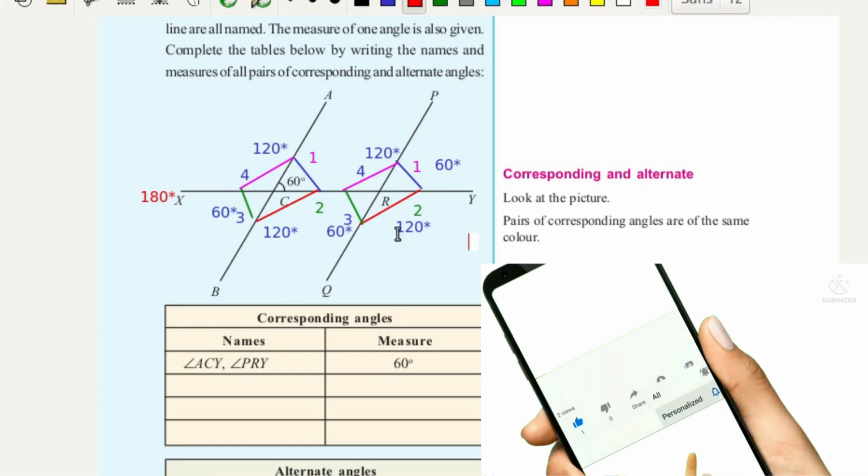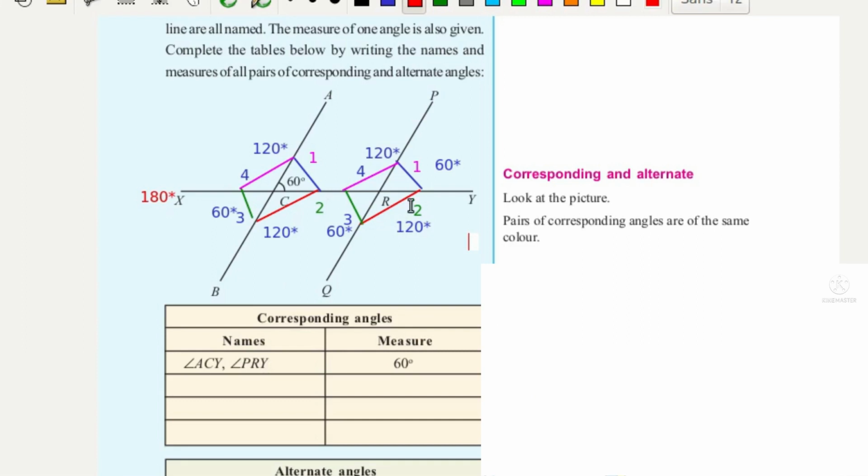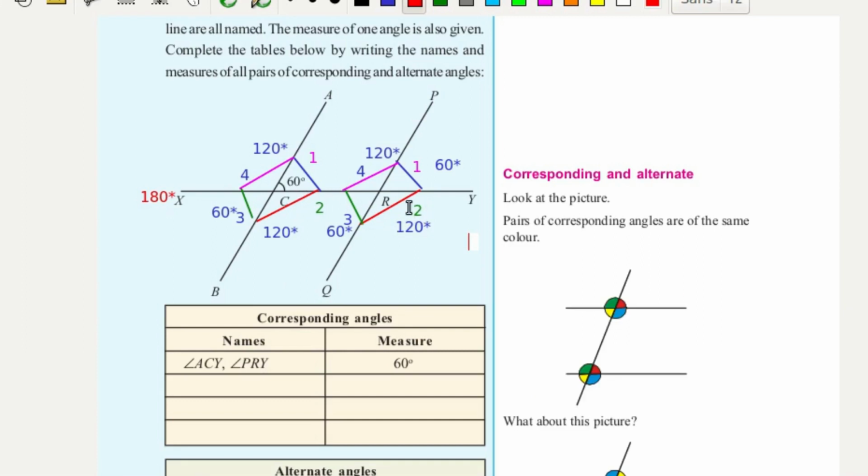What is the next one? This is the second. These two are corresponding angles, pair of corresponding angles number 2. So this one is angle BCY and angle QRY.